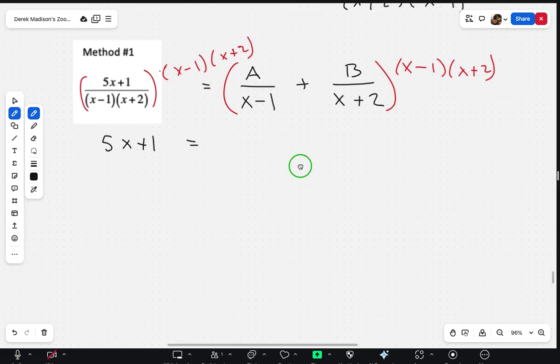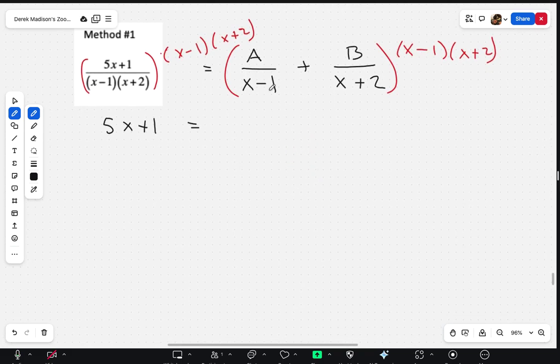On the right-hand side, if you picture this x minus 1, x plus 2 sitting in each of these numerators like I distributed it through, the x minus 1s would cancel on the first round, and I would have a times x plus 2. And then here, the x plus 2s would cancel, and I would have b times x minus 1.